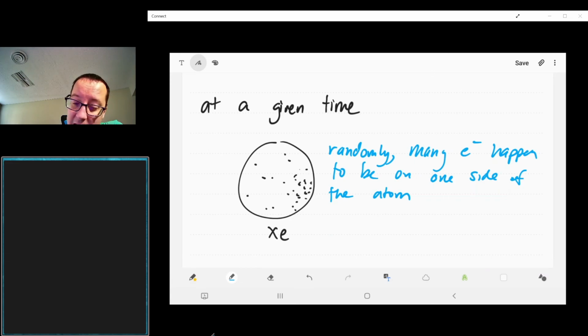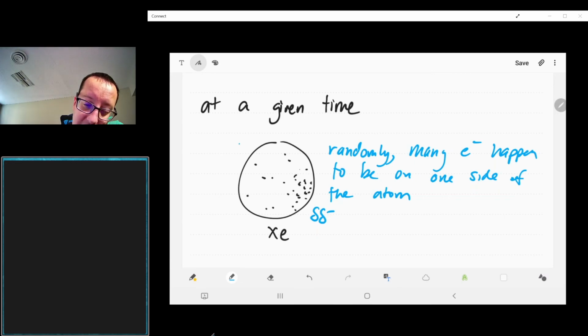If that's the case, you end up with a very, very small negative charge there. Very, very, very small. Just by the fact that all those electrons are on that side of the atom, so it just is a little bit more negative than it normally would be because all those electrons are just kind of over there.